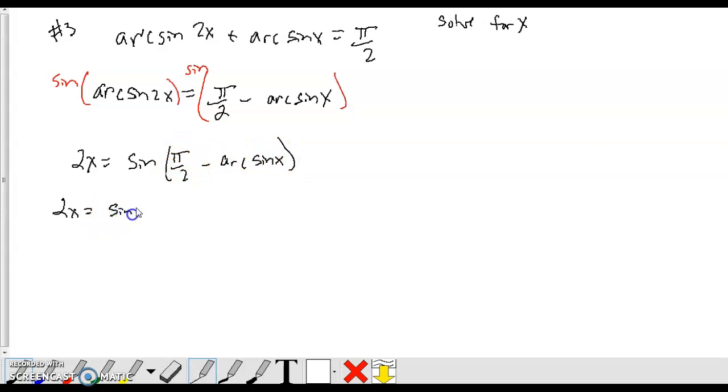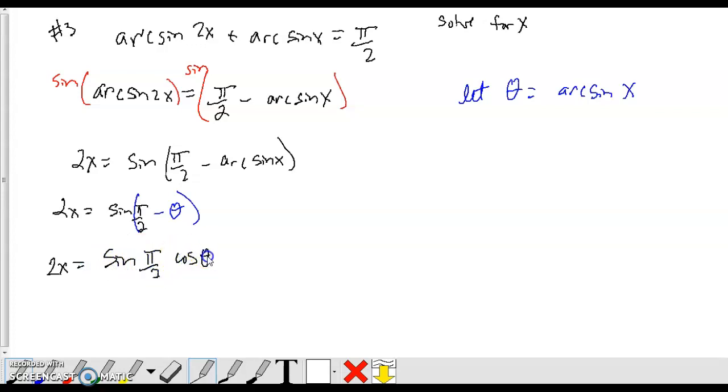So I'm going to say sine of pi over 2, and well, let's replace this. I'm jumping ahead. Let's say let theta equal arc sine of x to begin with. So minus theta. So then this will become 2x is equal to sine of pi over 2 cosine of theta.